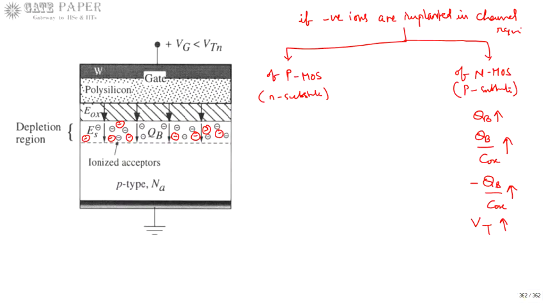Okay. Similarly, if you are going for the PMOS, in PMOS the channel region consists of positive charge, remember that one. Okay, N channel consists of negative charge in the channel, whereas P channel consists of positive ions in the channel.